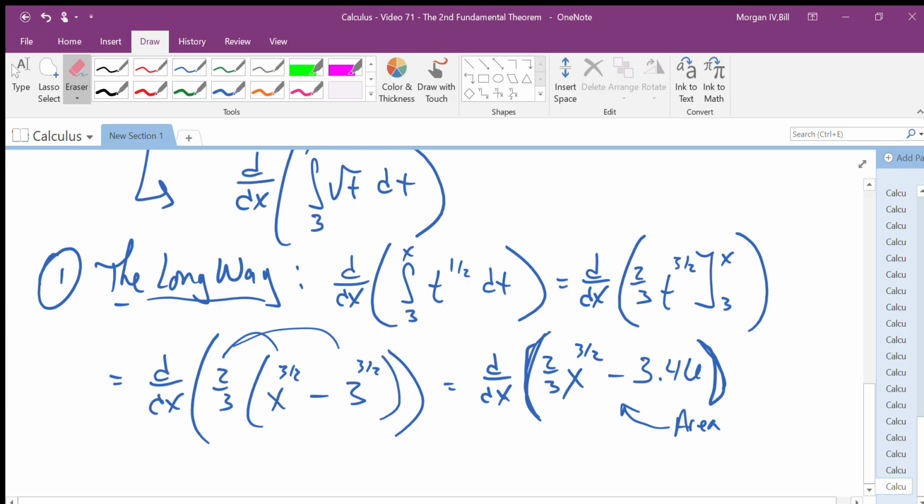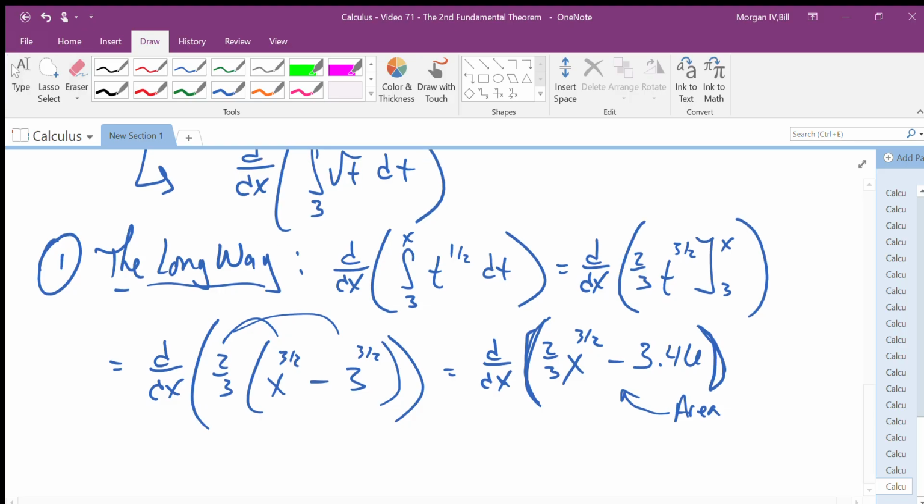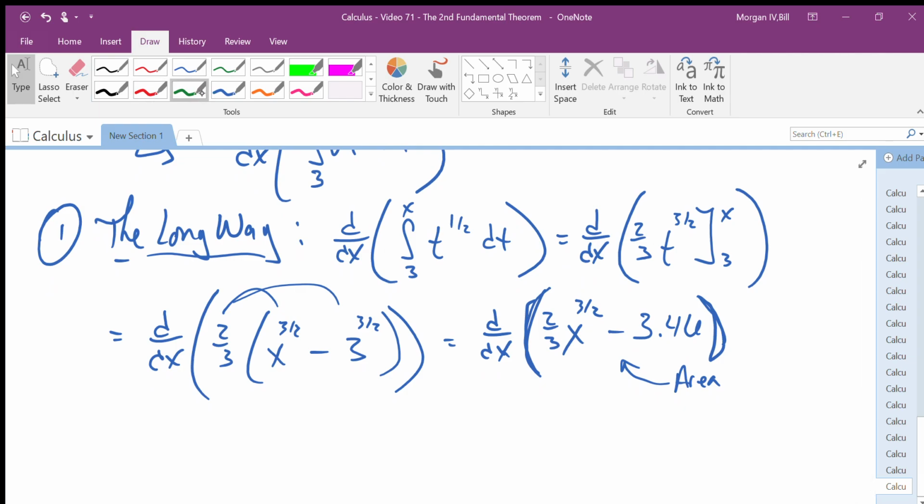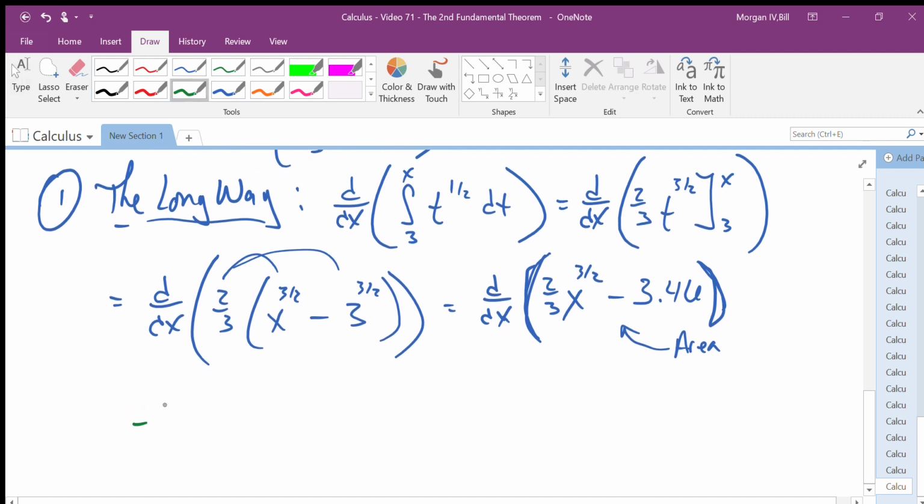The derivative of that is the rate at which that area changes. So if I want to find the rate at which that area changes at a particular value of x, we'll take the derivative. The derivative of 2/3 x to the 3/2 minus 3.46. What is the derivative of 2/3 x to the 3/2?